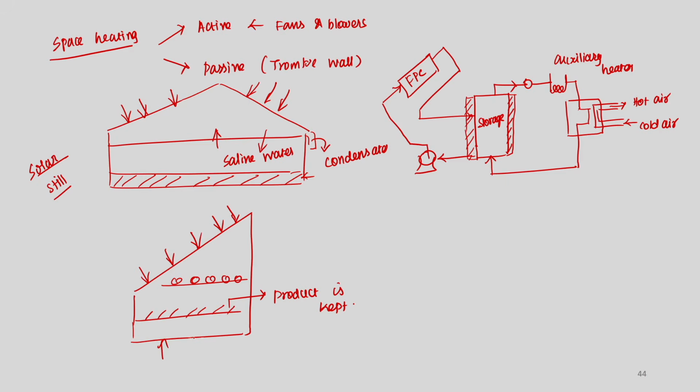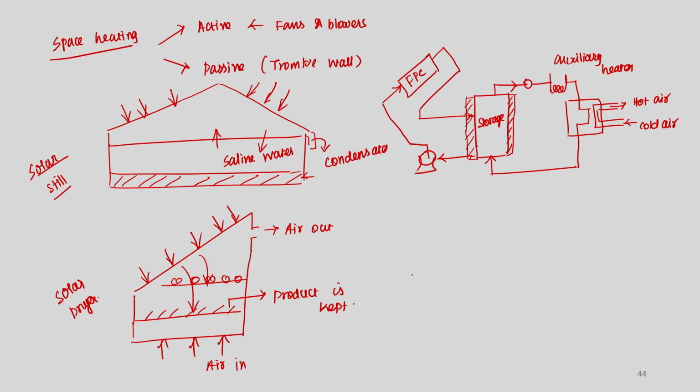You will have provision for air circulation as well somewhere here. This is air out. Directly the product gets heated by solar energy, and its moisture gets removed and it gets dried. So, this is a solar dryer.